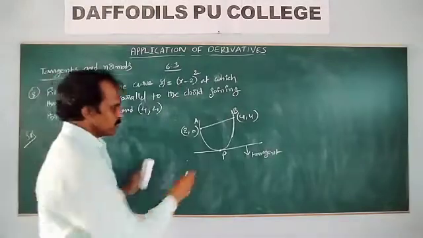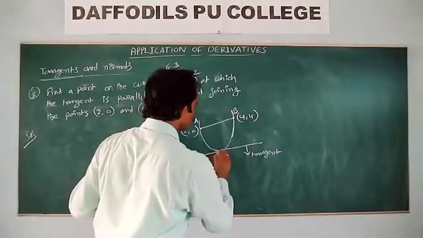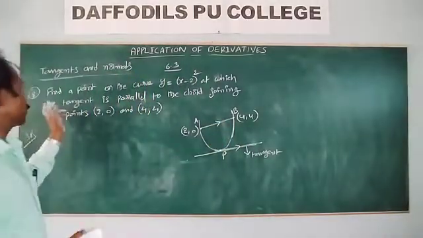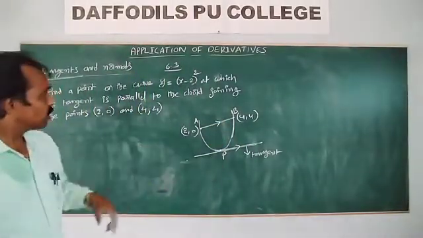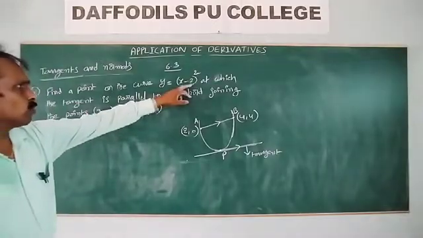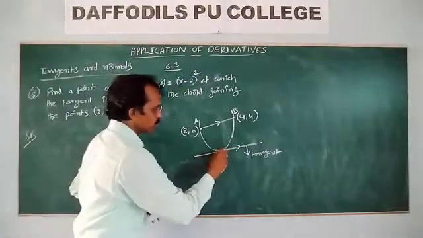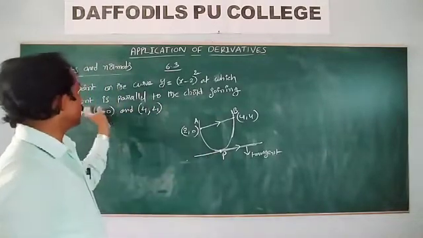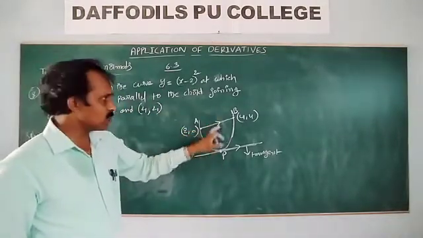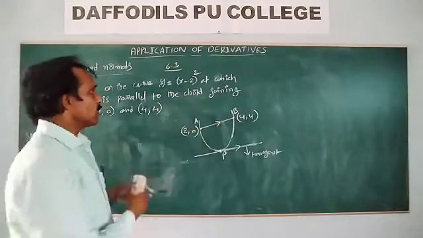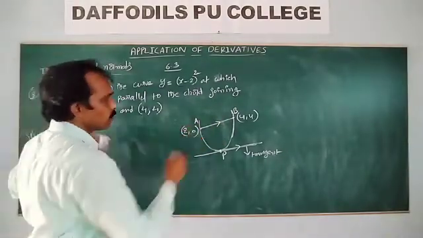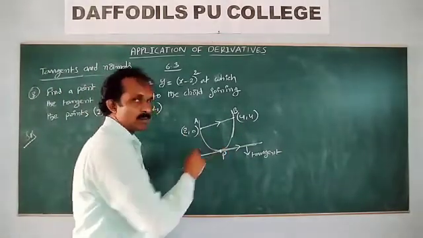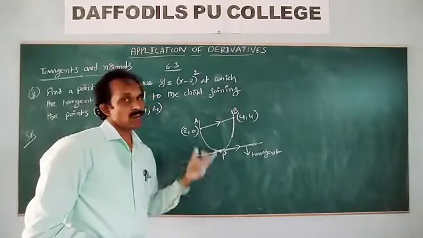What is the given condition? Find a point on the curve y is equal to (x minus 2) whole square at which the tangent is parallel to this chord. The chord is joined by (2, 0) and (4, 4). This is the tangent at the point P, parallel to the given chord.